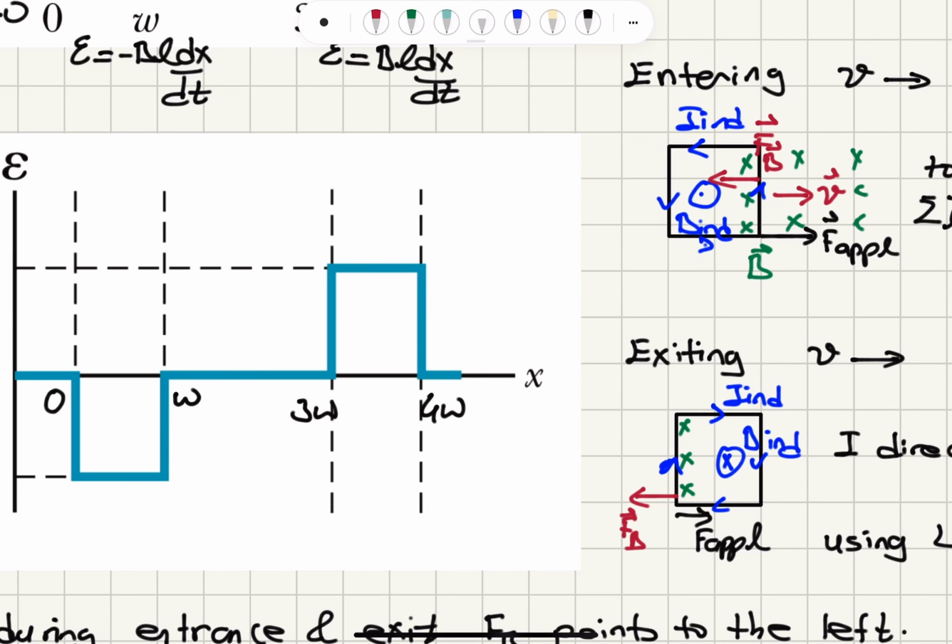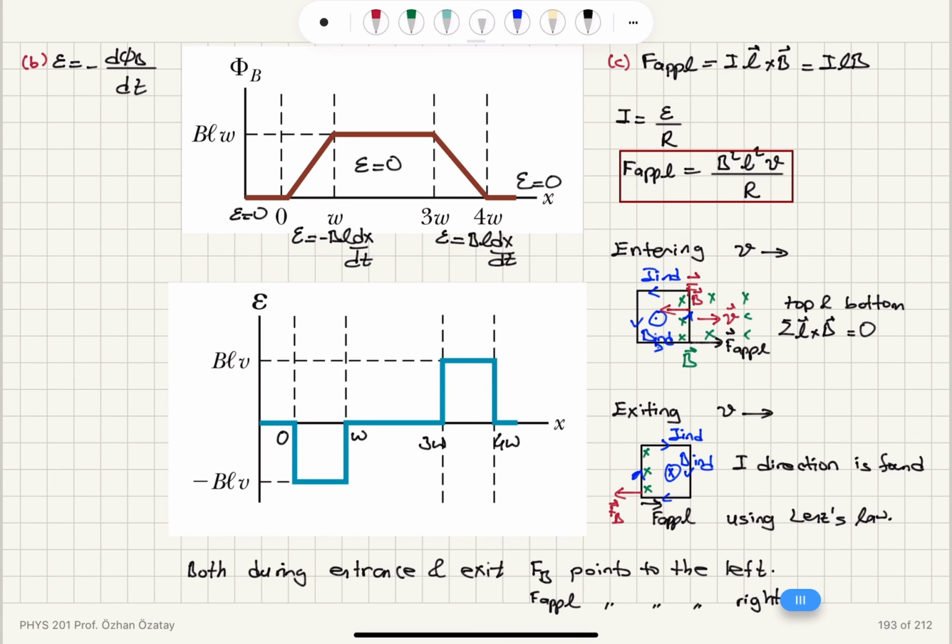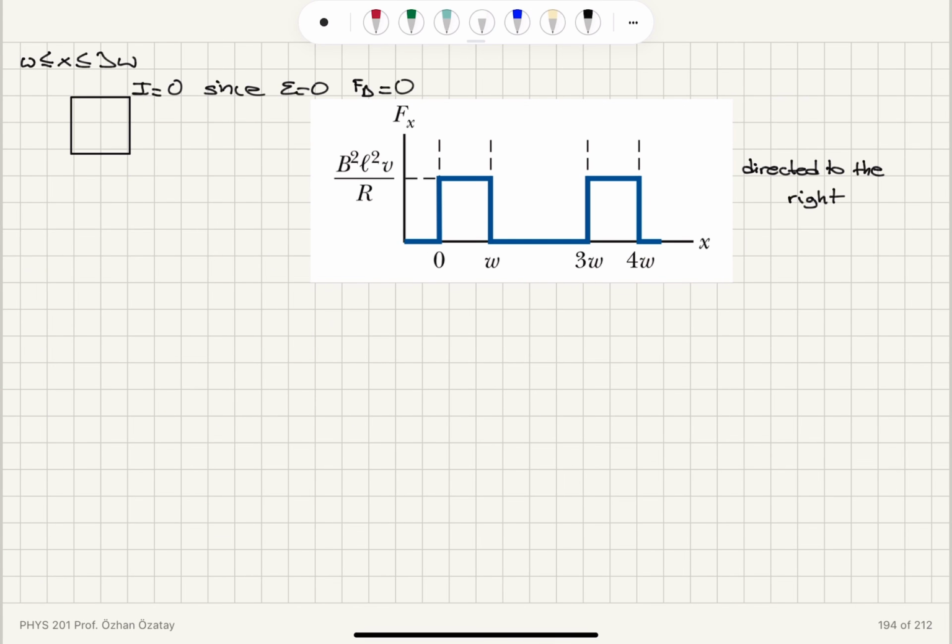So four fingers curl in the direction of the current, the thumb points into the page, that's the induced magnetic field. So I L cross B points to the left. So that's the magnetic force. That means the applied force should be pointing to the right. It has the same magnitude, B squared L squared V over R. So the applied force is positive, directed to the right, B squared L squared V over R.